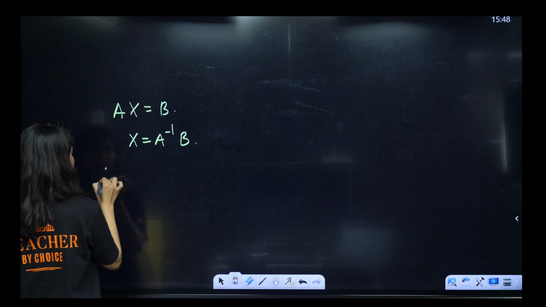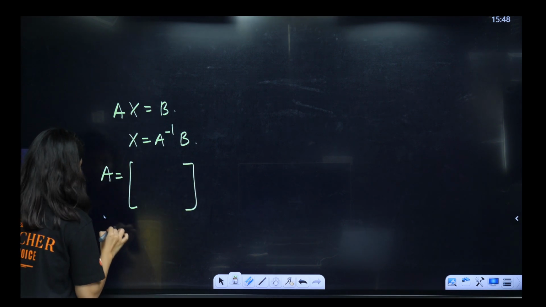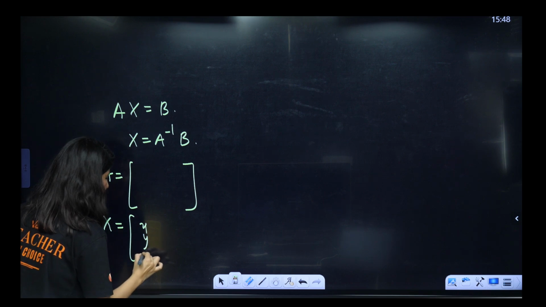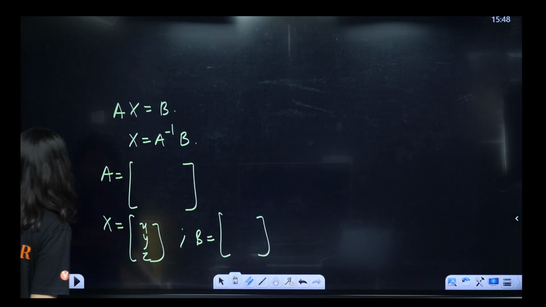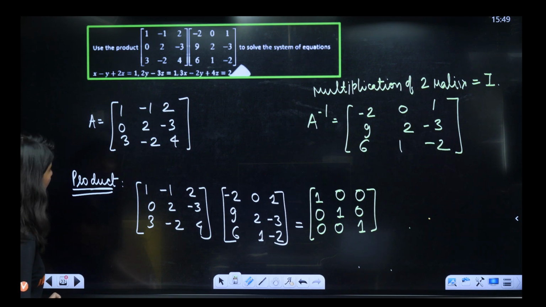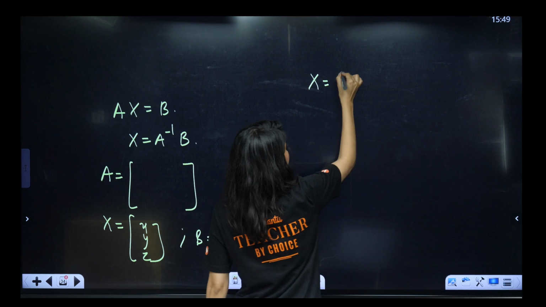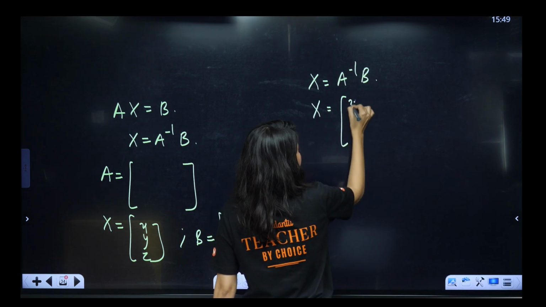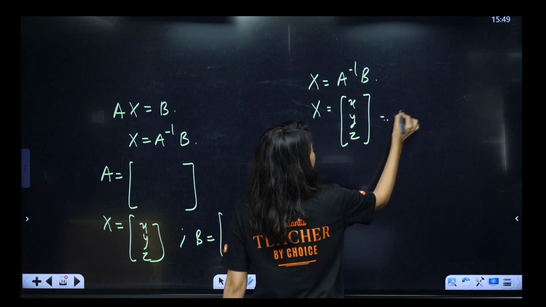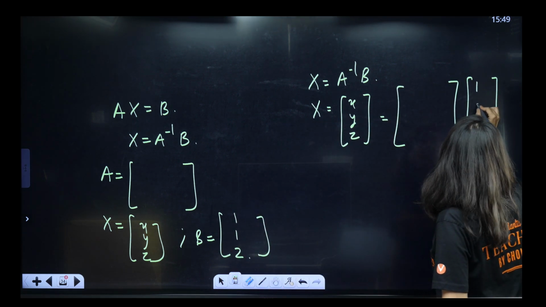Right? Here your A, you have already mentioned. Copy paste. X is again X, Y, Z, and the B matrix will be the constant matrix: 1, 1 and 2. So your X is A inverse B, and X will be X, Y, Z. A inverse you know, B you know: 1, 1, 2.